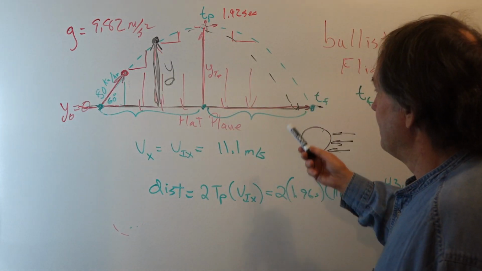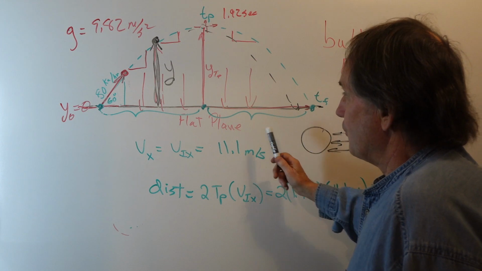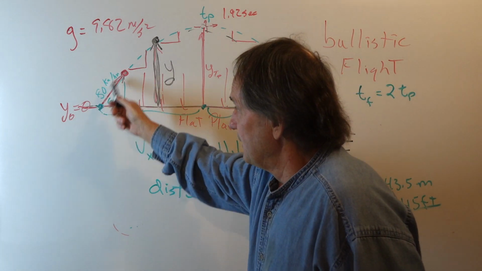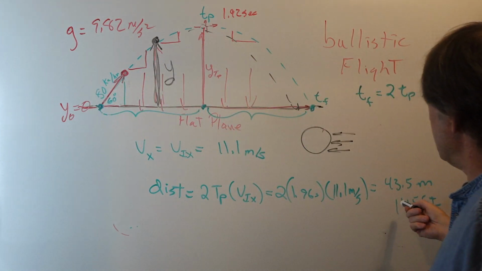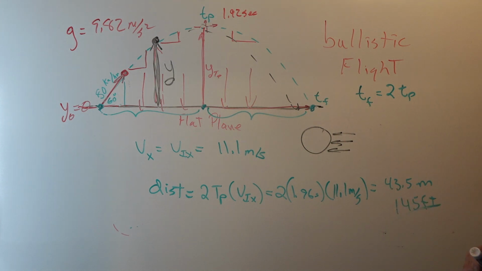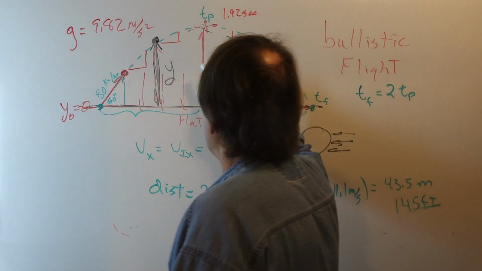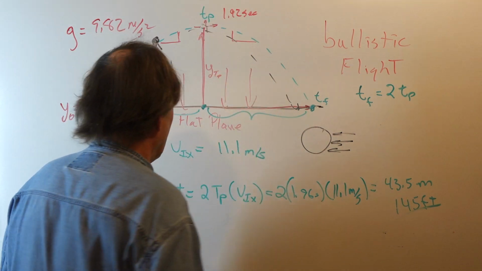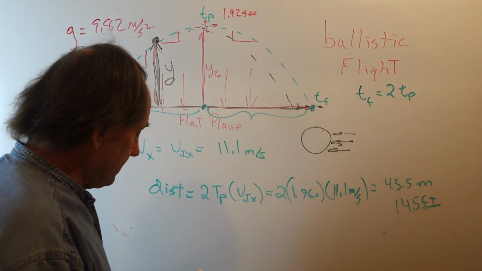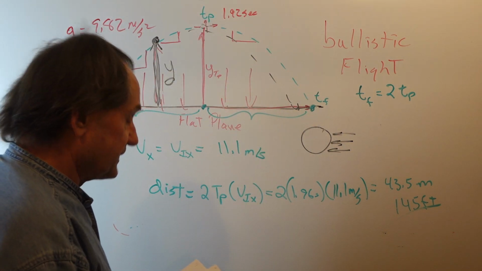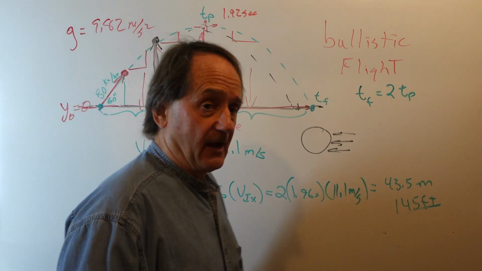Can't be done. And if you want to test this out, you go ahead and try it yourself, and you'll see that your object will go out about that far, and it'll reach a height of about 63 feet or 18.9 meters.